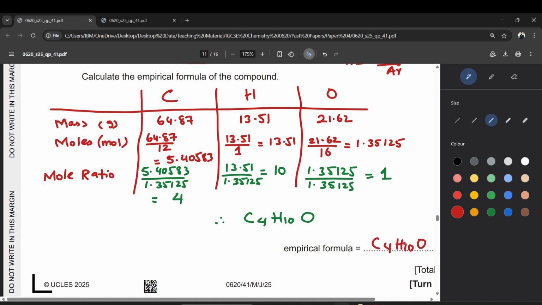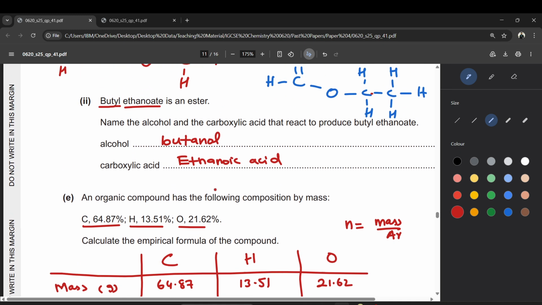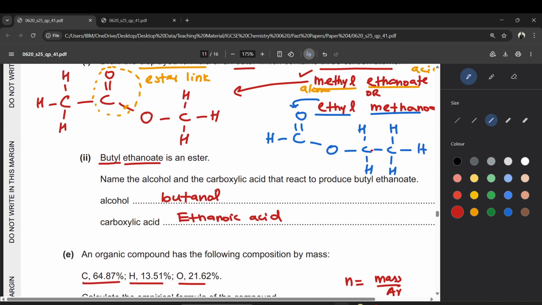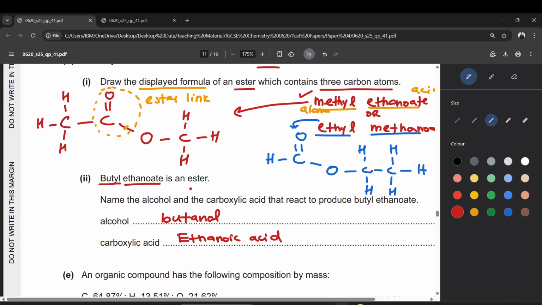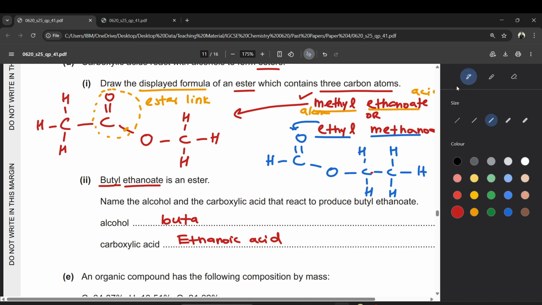Okay, so that's how you find the empirical formula. Just one more thing over here. I just realized, because butanol has two isomers, we have butan-1-ol and butan-2-ol.